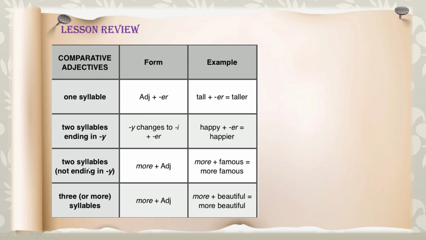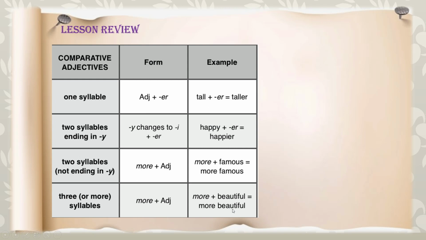For two-syllable adjectives that don't end in y, we add the word more in front of the adjective, so more plus adjective. We have the word famous, and then more famous. And for adjectives with three or more syllables, we also add more plus the adjective. For example, beautiful has three syllables, so when we change it to the comparative, we just add the word more: more beautiful.